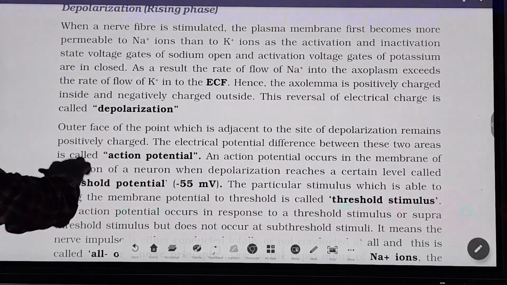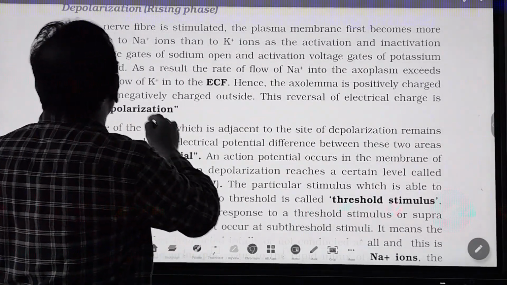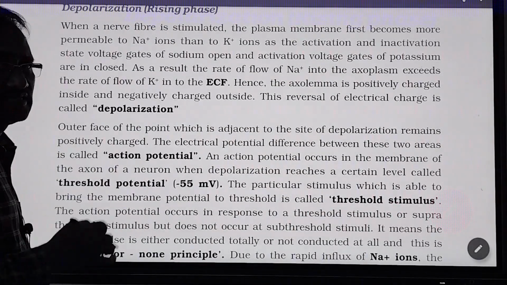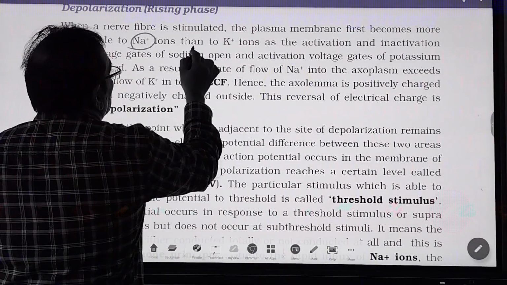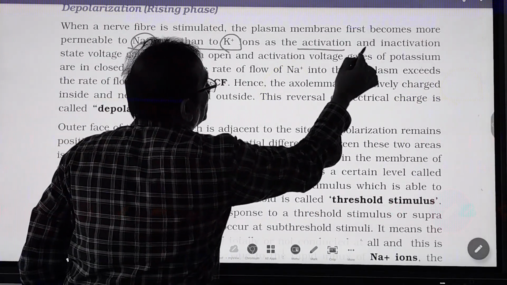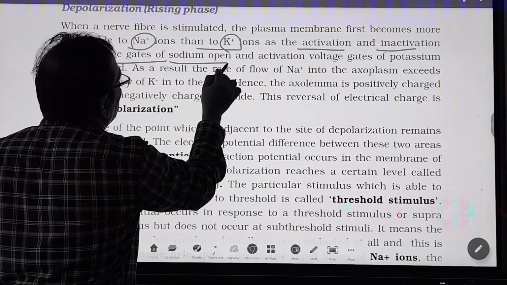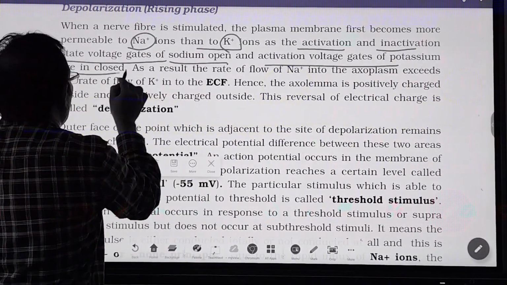Look here, when a nerve fiber is stimulated, the plasma membrane first becomes more permeable to sodium ions. So the plasma membrane of the axon is first permeable to sodium ions, then to potassium ions. As the activation and inactivation voltage gates of sodium open, the activation voltage gates of potassium are closed.